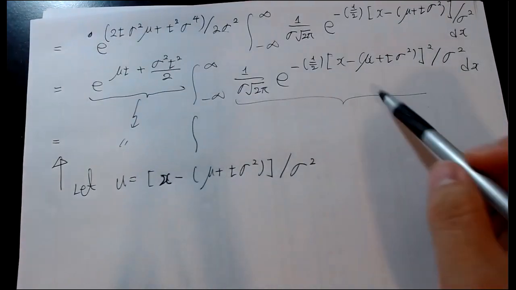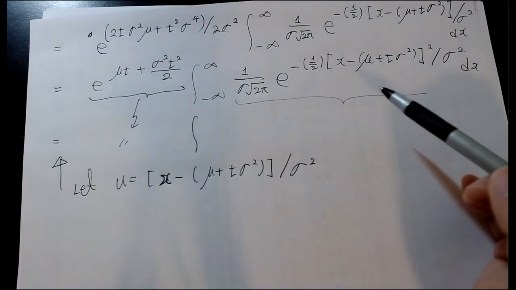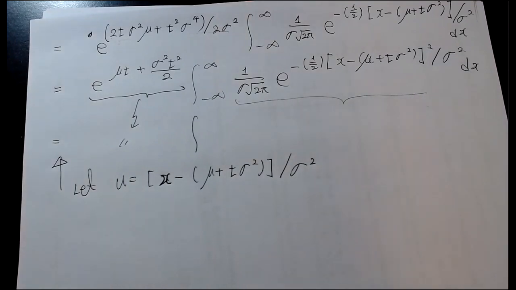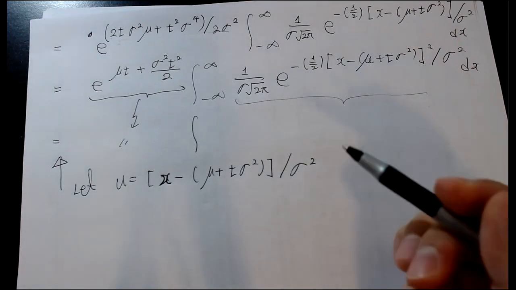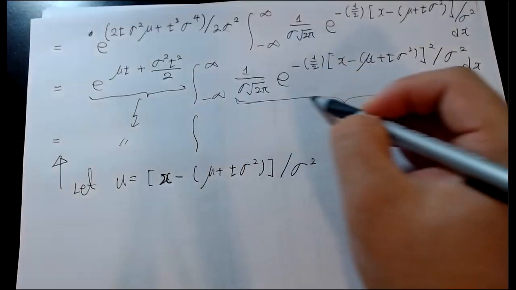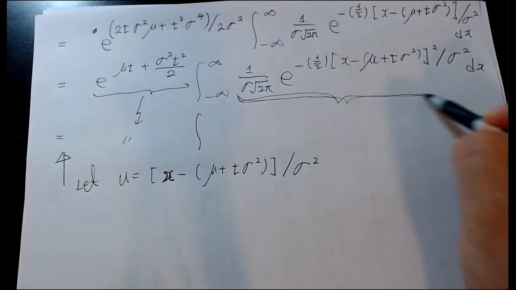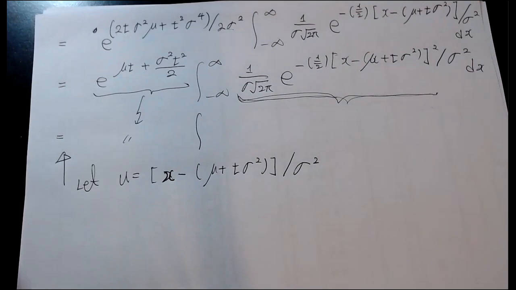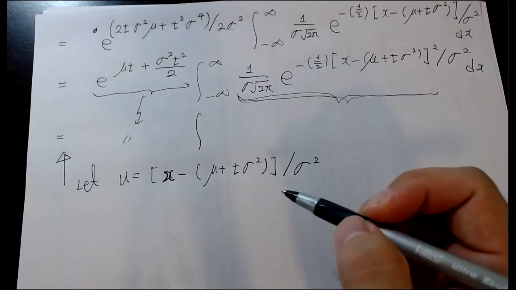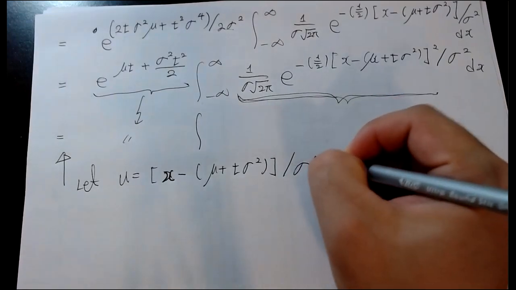The form of this one is similar to the PDF of the standard normal probability distribution. Okay, so I think we can change the form to match the PDF in the standard normal distribution. So let me try. Then once you do this, the sigma square is just sigma, okay?